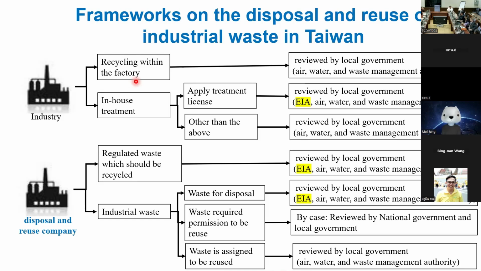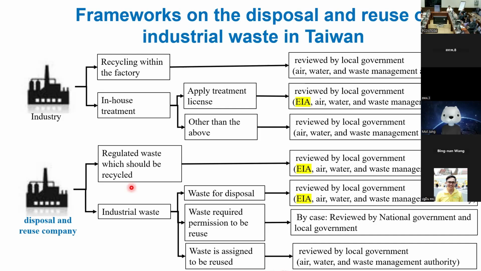And for offsite reuse, the waste requires permission to be reused, and this requires review by the local government and or by the national government. The competent authority of the target industry also plays a role. They have the power to permit whether you can do the offsite reuse or not.